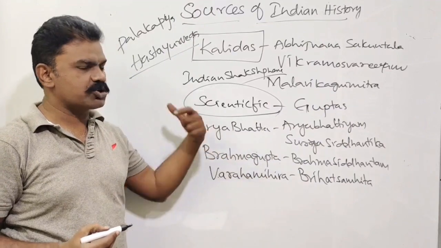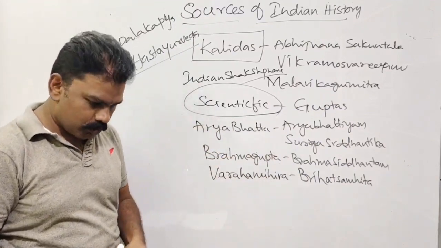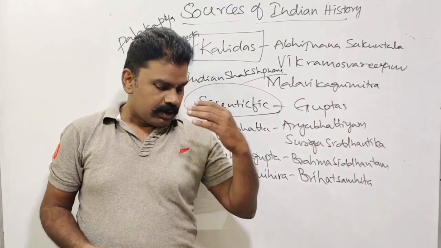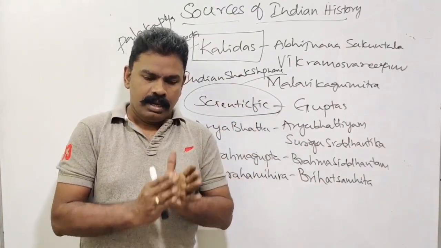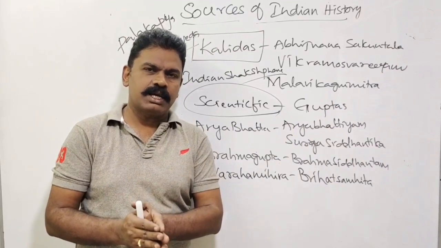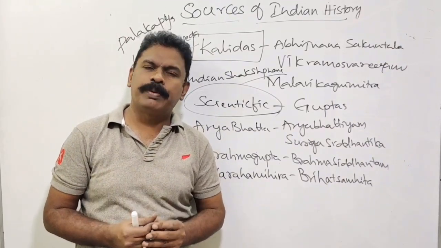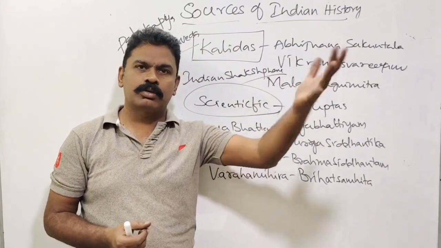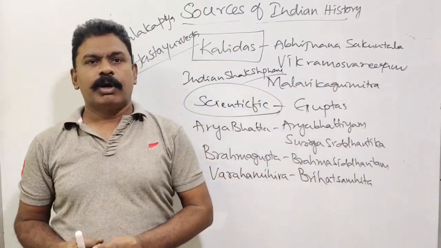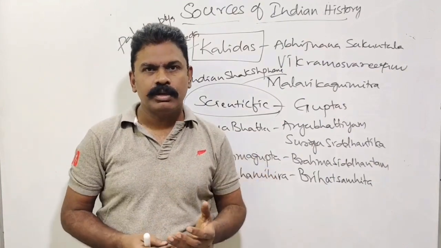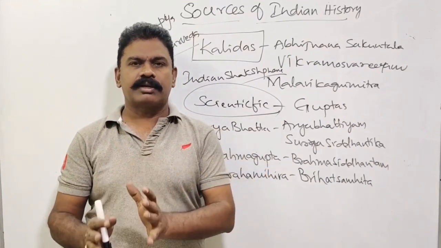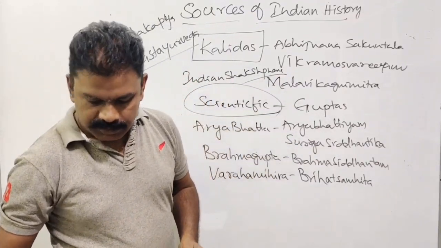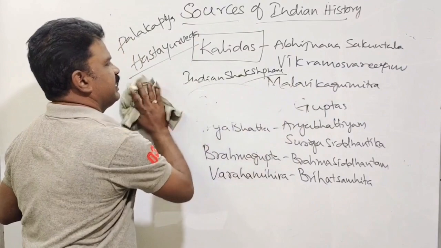Acharya Nagarjuna also wrote Loha Shastra. Based on the Loha Shastra of Acharya Nagarjuna, during the time of Chandragupta II, they constructed the Mehrauli pillar inscription at Delhi. The Mehrauli pillar has still not rusted. Like this, secular books are used to reconstruct Indian history.